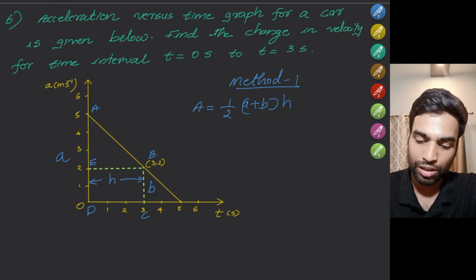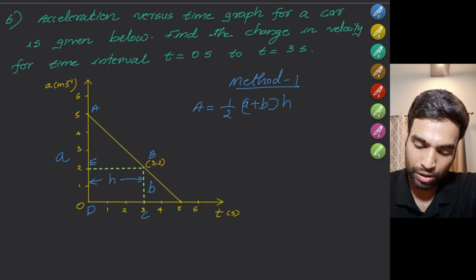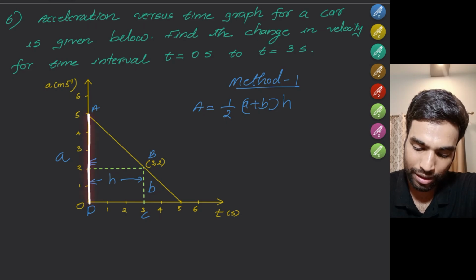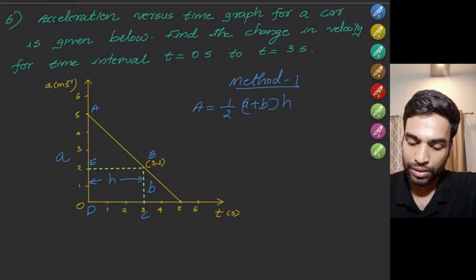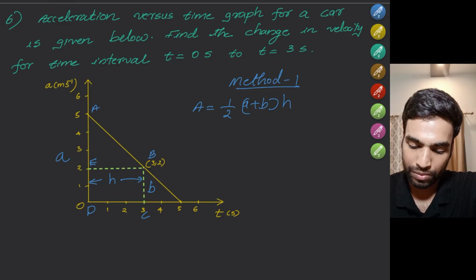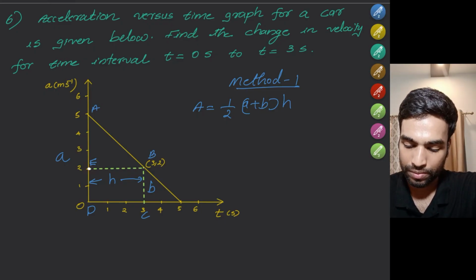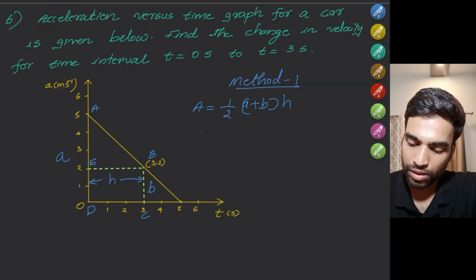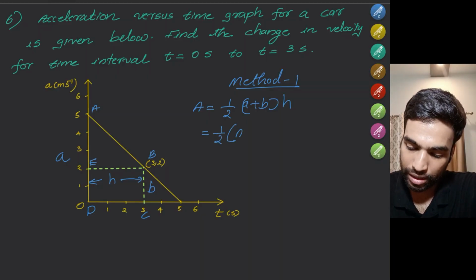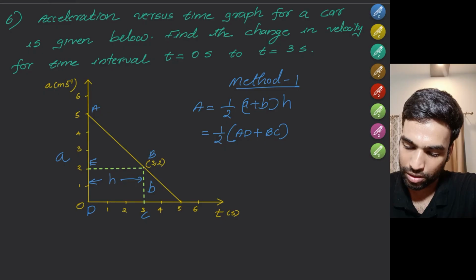Now clearly in the picture, the trapezium's parallel lines are AD and BC, and the perpendicular distance between them, basically the height, is EB or DC. Okay, so I can write 1 by 2 into (a is AD plus b is BC) into height, which is nothing but EB.